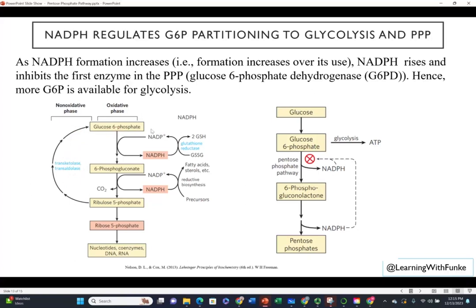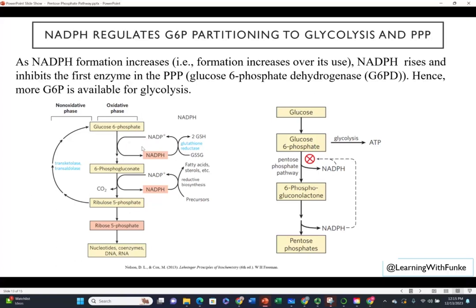And in this whole process, in this oxidative phase, we're generating NADPH, right? 2 NADPHs. And this NADPH, for continuation of the process, can get oxidized again during glutathione reduction to form NADP plus to continue this process all over again.